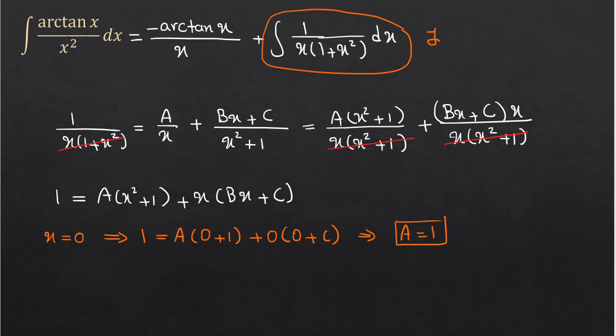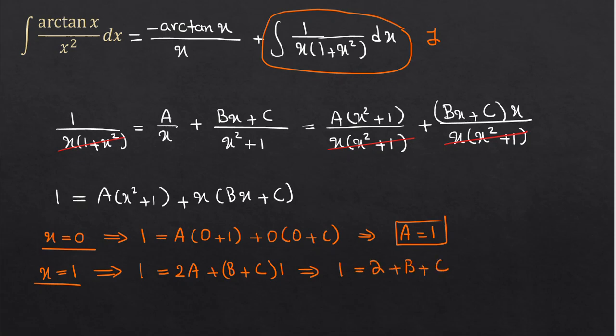Now I'm going to set x to be equal to 1. If x is equal to 1, I will have that 1 is equal to 2a plus b plus c times 1. Since I already know that a is equal to 1, I can write that 1 is equal to 2 plus b plus c, and from that I have that b plus c is equal to minus 1.